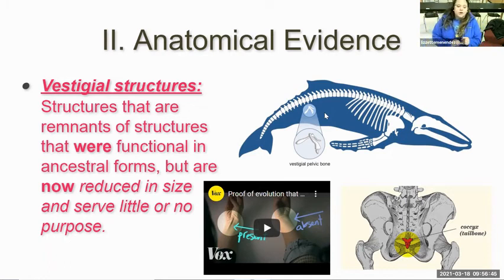And even when we are first developing in the womb, like, I don't know, the first 4 weeks or something like that, we all have tails. It just kind of goes away because we don't need tails as humans. Though in some humans, there's a genetic mutation that happens that they are born with tails, and that does happen sometimes. But tailbones are considered a vestigial structure because we don't really need them. So super cool stuff, gets me hyped.